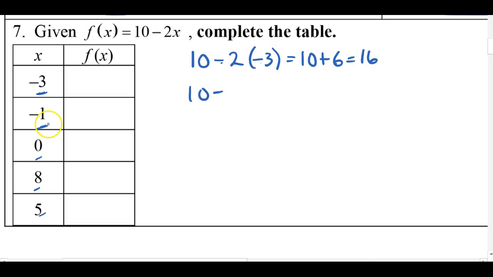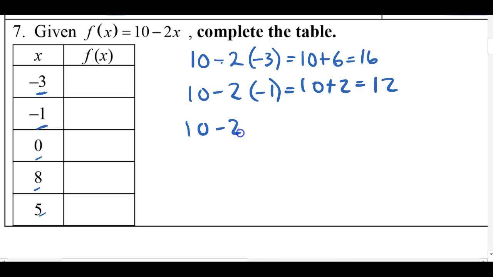Okay, I'm just going to go through each one. Then the next one, -1. I do the same thing and plug that in. Okay, now that'll be 10 plus 2. 2 times 1 is 2, negative times negative is positive. And then I'll go through and I'll do the next one, 0. And 0 times 2 is just 0. So my answer there is 10. And the next one I plug in is 8.